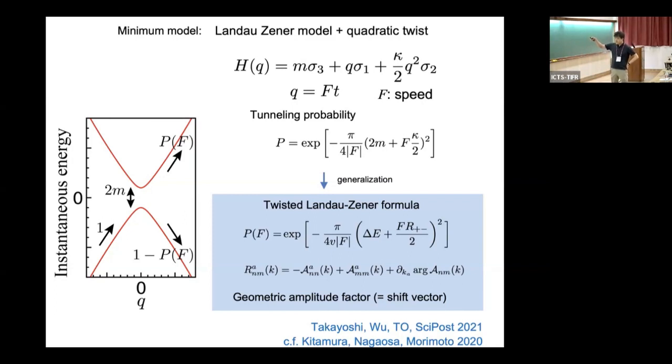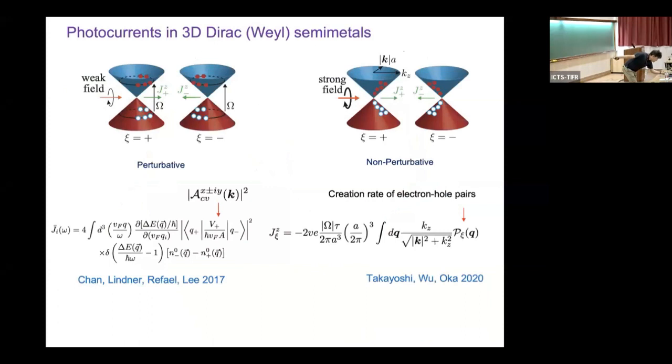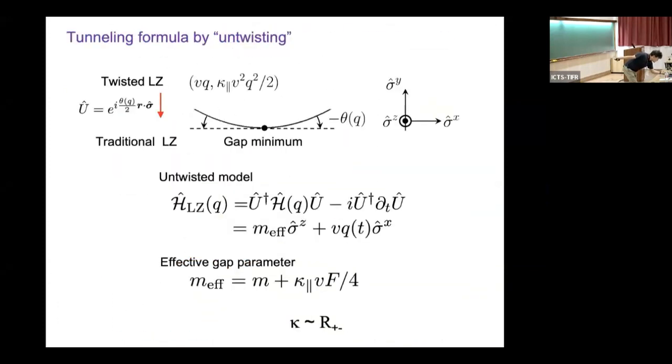That's exactly the case. I had this experience of working on circularly polarized light in Dirac systems. I frequently use this unitary transformation to understand that, and I tried that for this example. And I think I have the slide. You understand this very well. So it's really untwisting the twist.